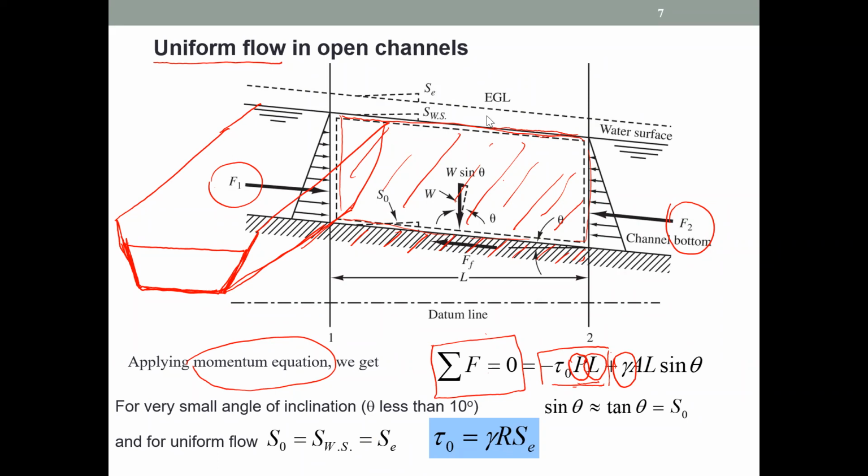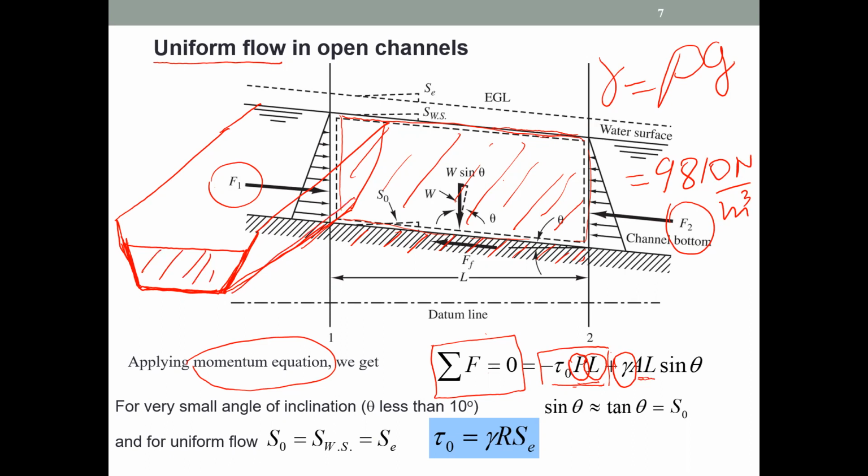Gamma is equal to the fluid density, rho, multiplied by the acceleration of gravity. If you consider water, that is equal to 9,810 Newton per meter cubed, right? So gamma, the specific weight, multiplied by the water volume, that is cross-section area multiplied by the length, will give you the weight, right?